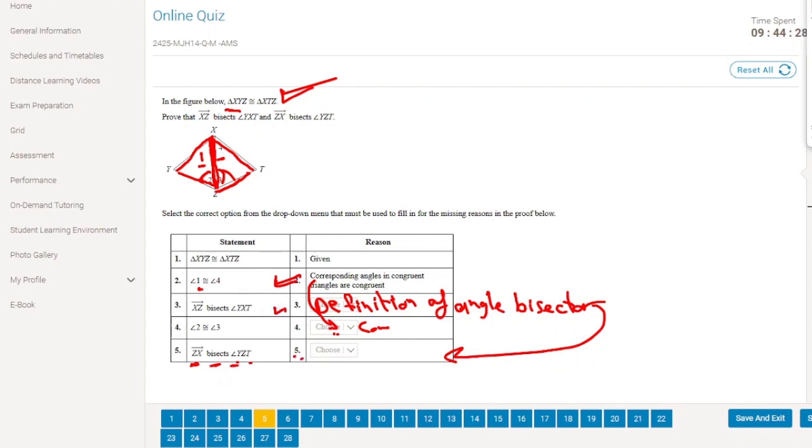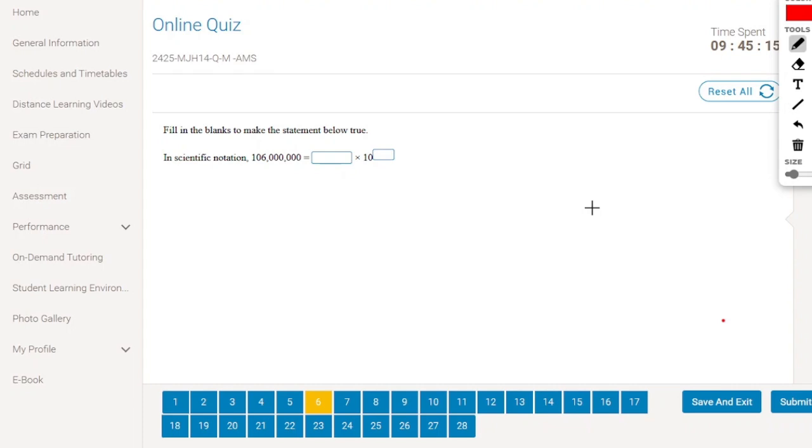Question number 6. Fill in the blanks to make the statement below true in scientific notation. Scientific notation comes in the format of a number, let's say x, multiply 10 over power of something, okay?